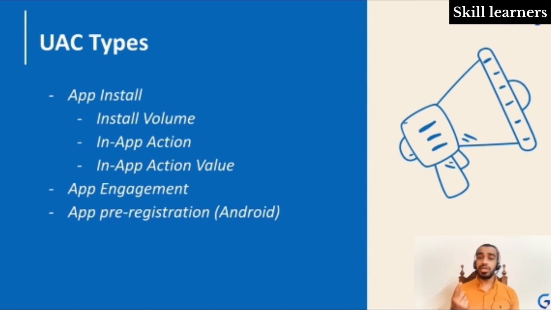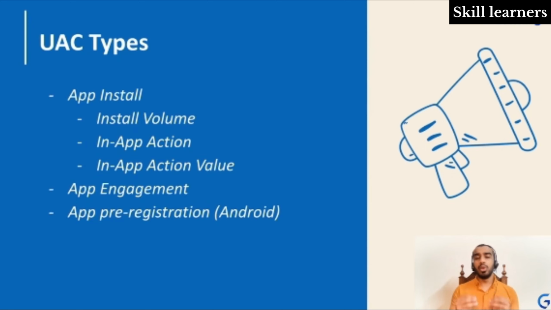It could be a registration event, it could be an add to cart event, purchase event, whatever action that is most important for you in your business. So that action, you can add that action. So it can be an install with an in-app action. So you are looking at more people installing, but you want people who are most likely to take that specific action.